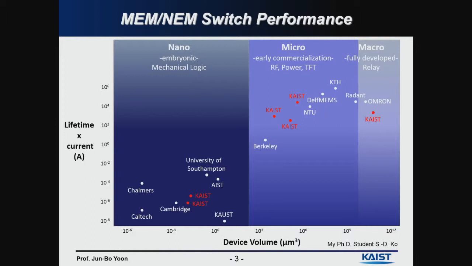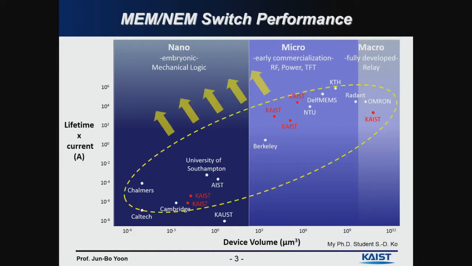In the macro scale switches, we already have a commercially available product, but not in the nanoscale switches. And the important thing we can learn from this graph is that size matters. So in a given device volume, it can limit the lifetime multiplied by the current figure of merit. So let's find out how we can improve this characteristic.